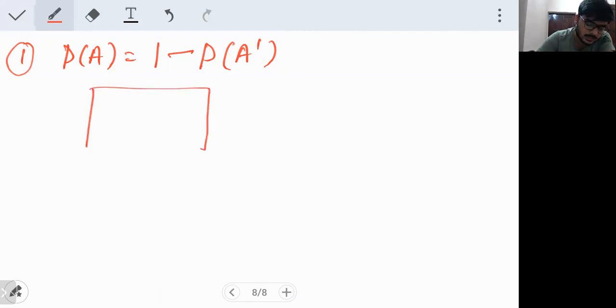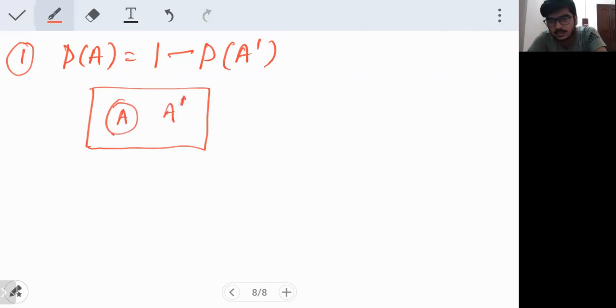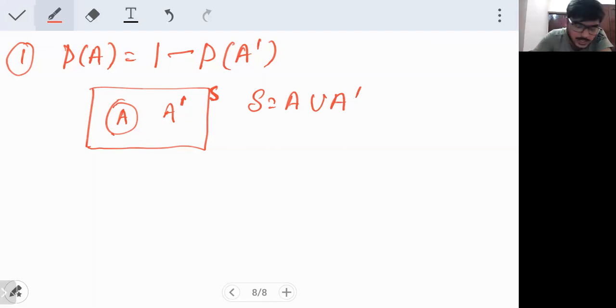So let's say this is a sample space and this is A. If this is A, what will happen? This will be A dash, or A complement. So the sample space, which is the universal set we are talking about, is equal to A union A dash. There's no problem with that.